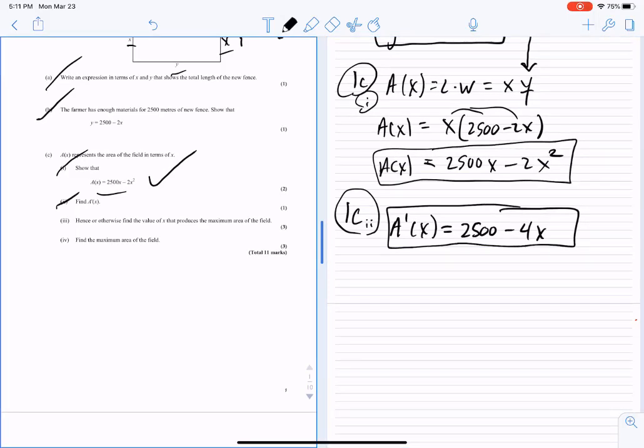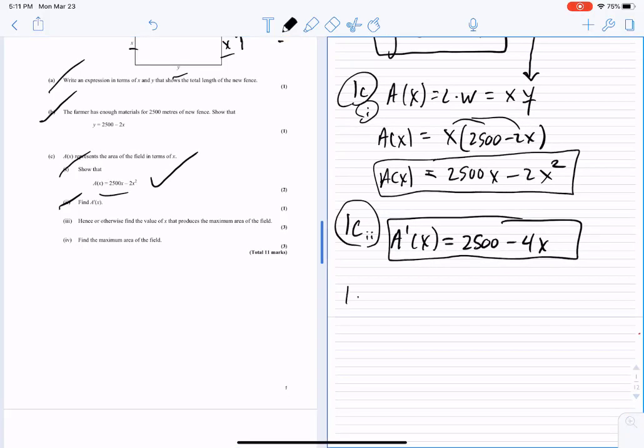Hence or otherwise, find the value of x that produces the maximum area. When they say hence or otherwise, you're going to use the answer you just found. And how do we find the maximum area? We're optimizing the area, remember? So for this, we are actually going to set this derivative that we found equal to 0. So my derivative, which is 2,500 minus 4x, will equal 0 now.